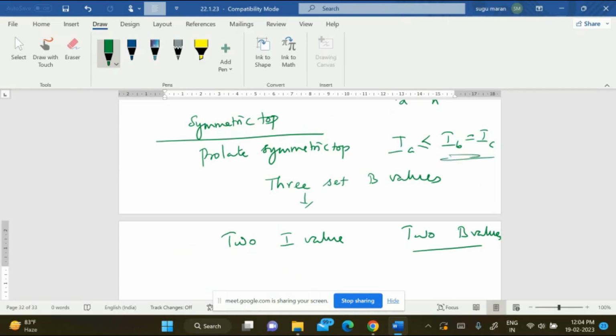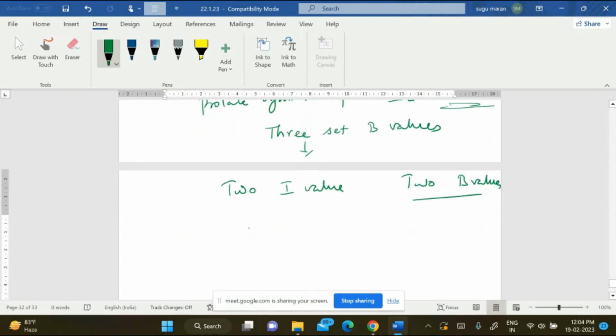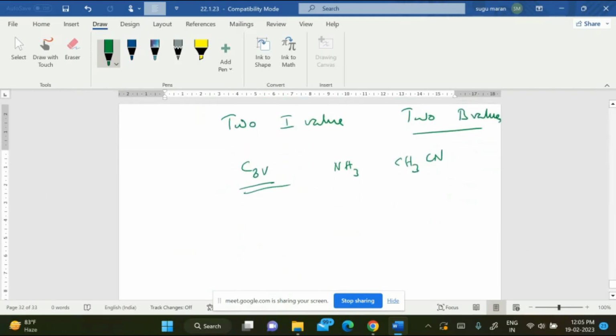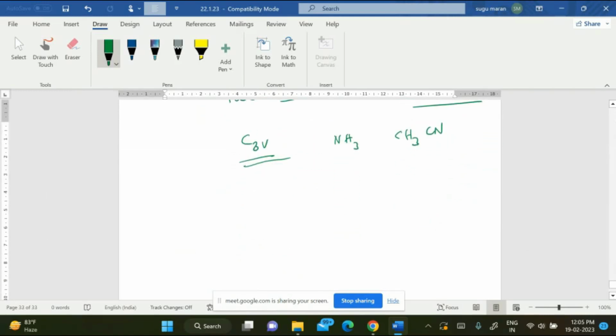So ultimately you will have two I values and two types of B values. Examples of the prolate symmetry, with C3v and C3 point groups, are ammonia and CH3CN, methyl cyanide.